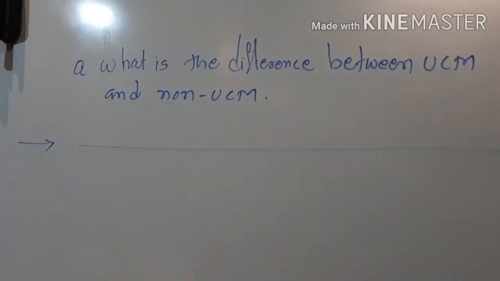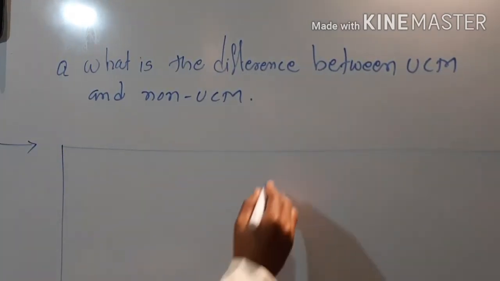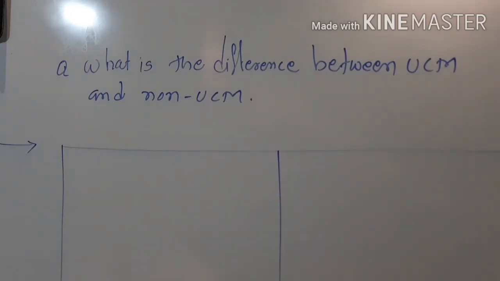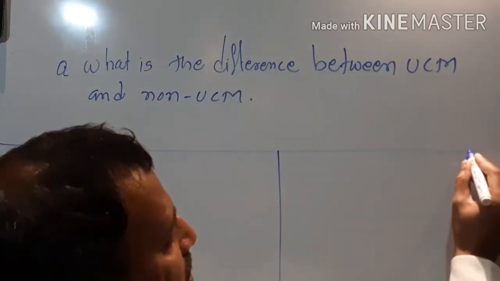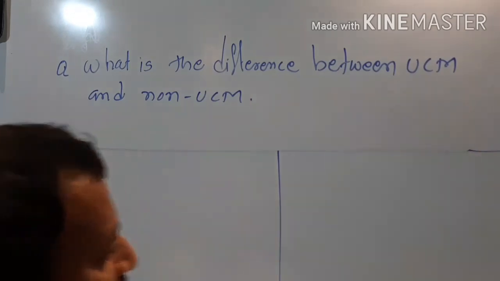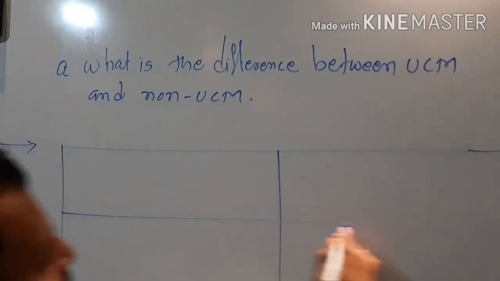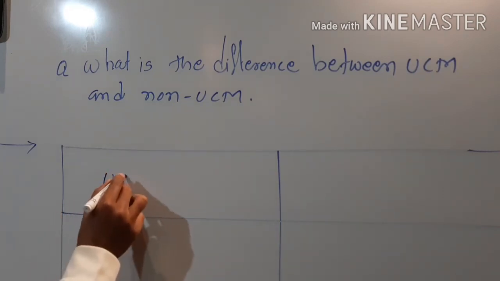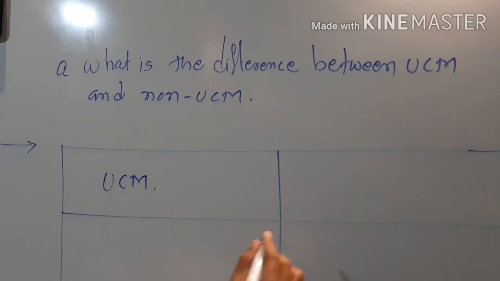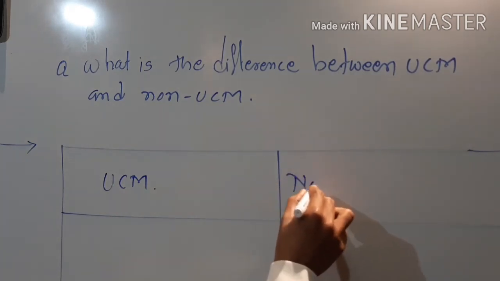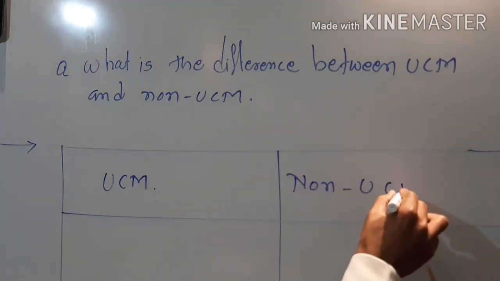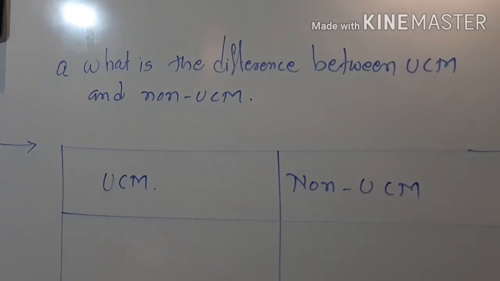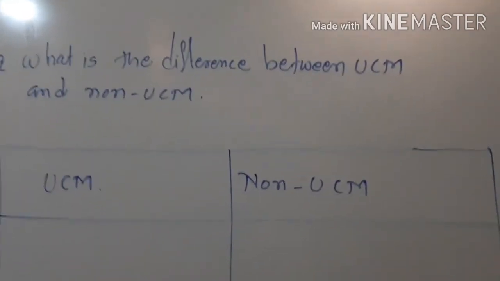First column is for UCM and the second column is for non-UCM.